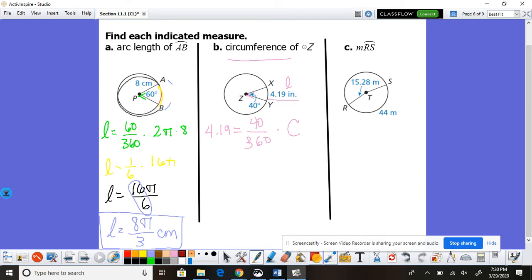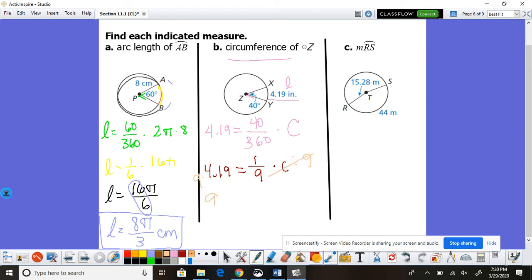All right, so let's reduce this a little. So I have 4.19 equals 40 over 360 is 1/9 times C. So to get C by itself, let's multiply by 9 on both sides.